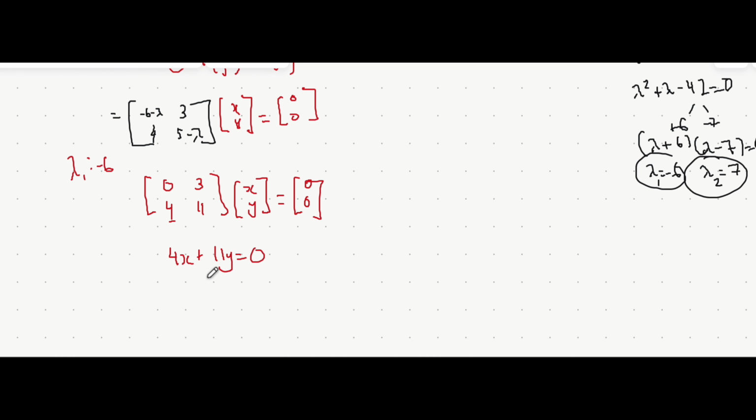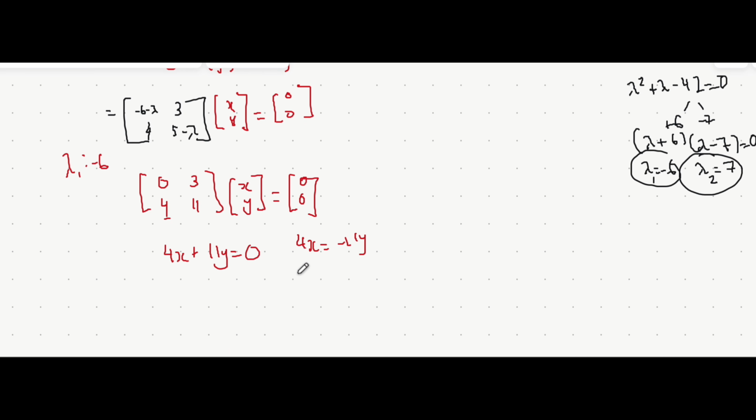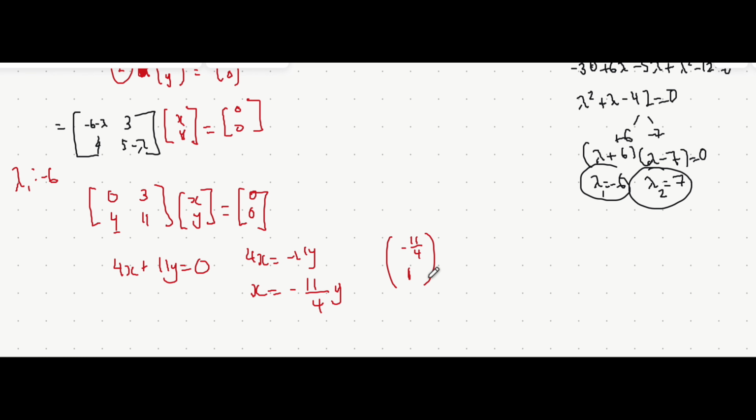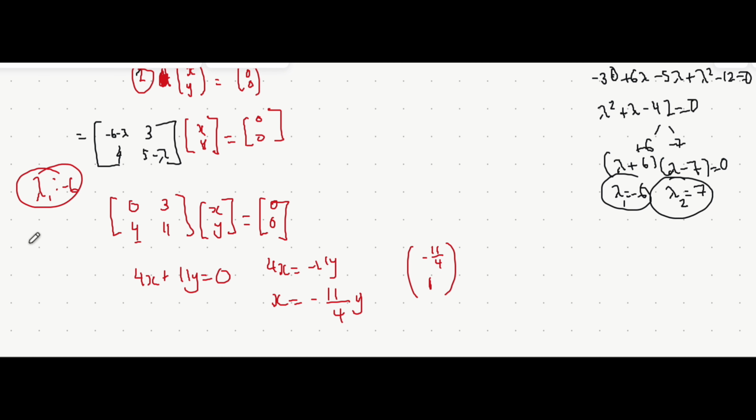The easiest way to do this is if we take away 11y from both sides, we get 4x is equal to minus 11y, and then divide both sides by 4, we get that x is equal to minus 11 over 4 y. That means that if y is equal to 1, x would be minus 11 over 4. So this acts as the eigenvector for this specific eigenvalue.